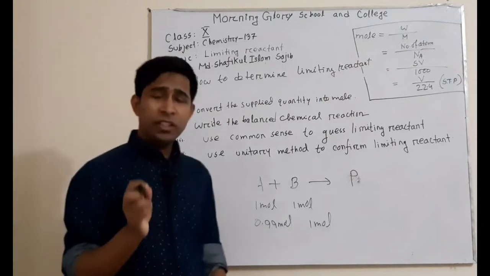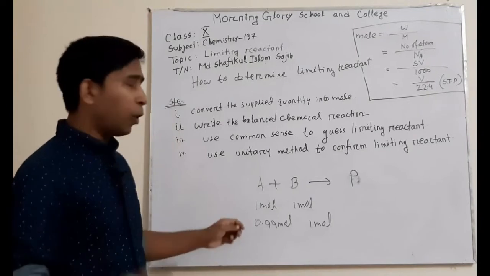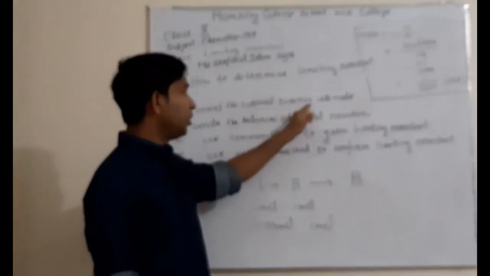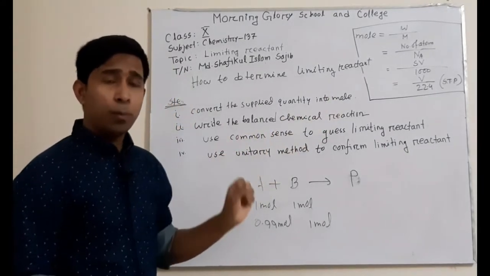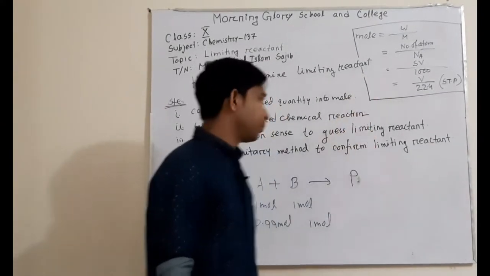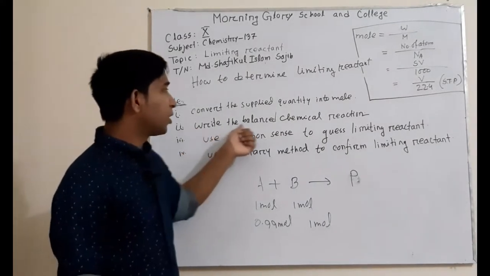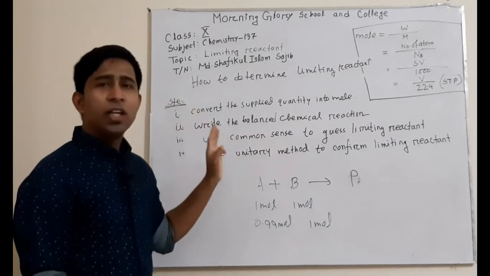For finding the limiting reactant, we will consider these 4 points. First point, we need to convert the supplied quantity into mole. Whatever we have, we will convert into number of moles by using these formulas. We need to use one of them or two of them. Then we must write the balanced chemical reaction.